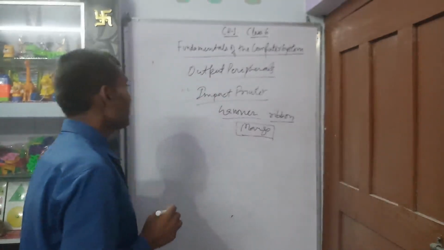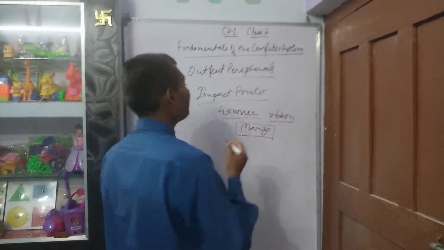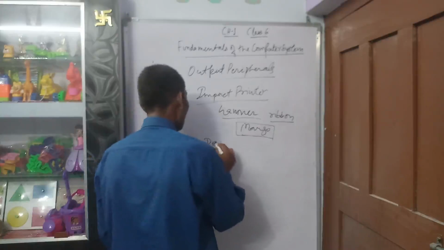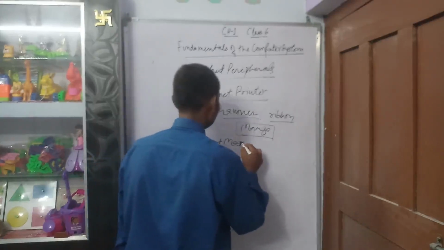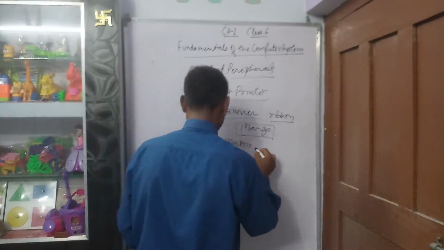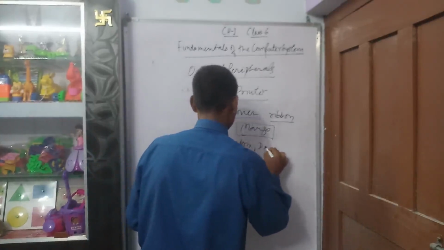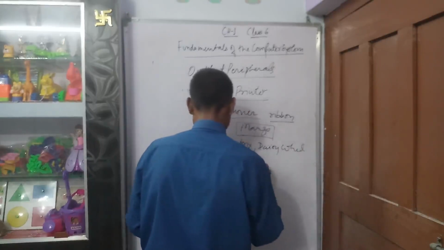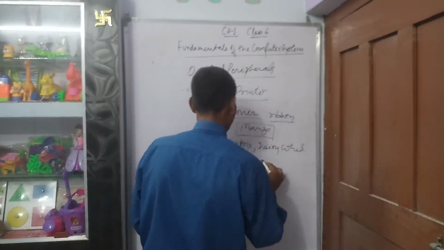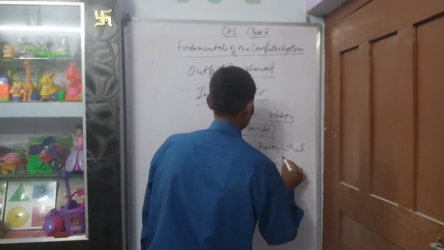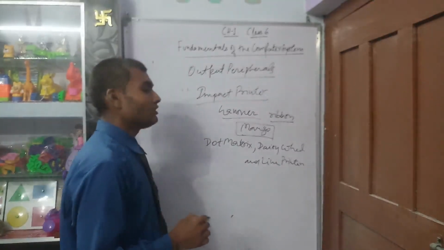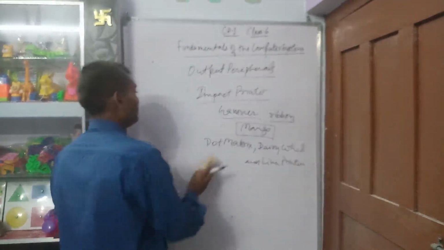The examples of impact printers are the dot matrix printer, daisy wheel, and line printer.